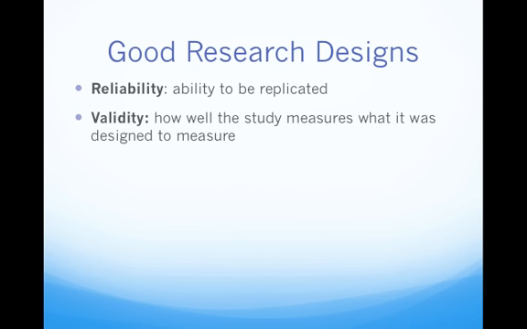A not-so-valid version of that research would have a lot of extraneous questions having to deal with things like time of day, or where they sat in the movie theater, and that doesn't necessarily have anything to do with what your study is designed to measure.